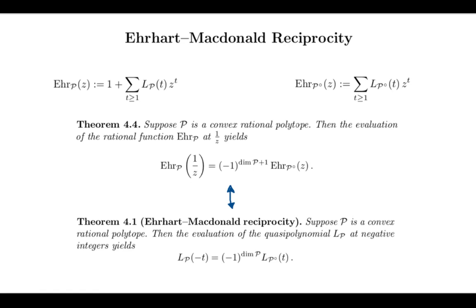So one way to rephrase Ehrhart-Macdonald reciprocity is to say, I have the quasi-polynomial that computes integer points in dilates of a polytope, and I have a quasi-polynomial that computes integer points in dilates of the interior of the polytope. And these two quasi-polynomials have a functional relation. And it's the relation given by this identity.